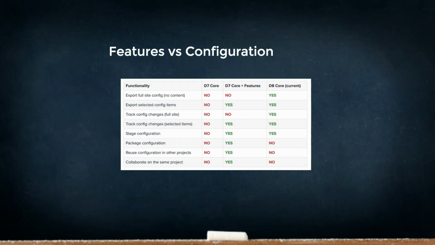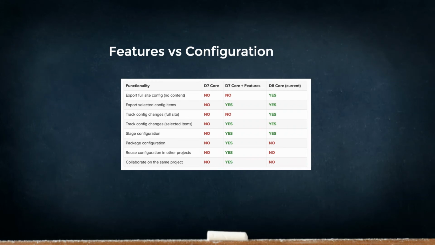Here are the differences between features versus configuration in Drupal 7 and Drupal 8. Before, exporting the complete site from one environment to another wasn't possible in Drupal 7, not even with Drupal 7 core plus features. Now in Drupal 8 we have that ability.